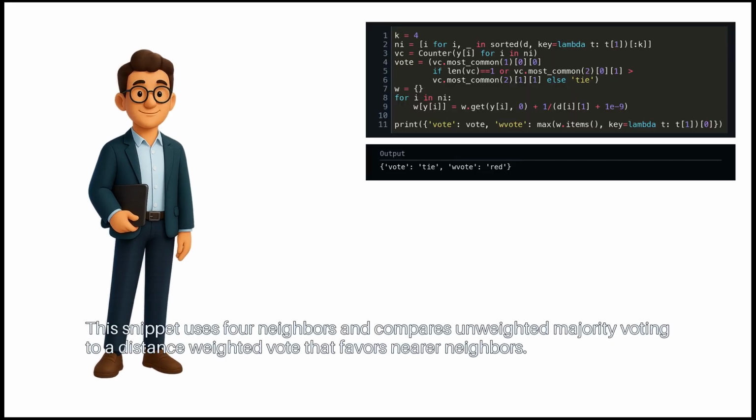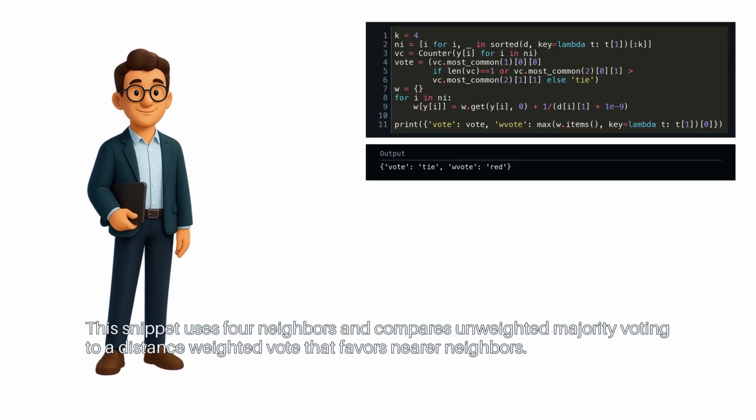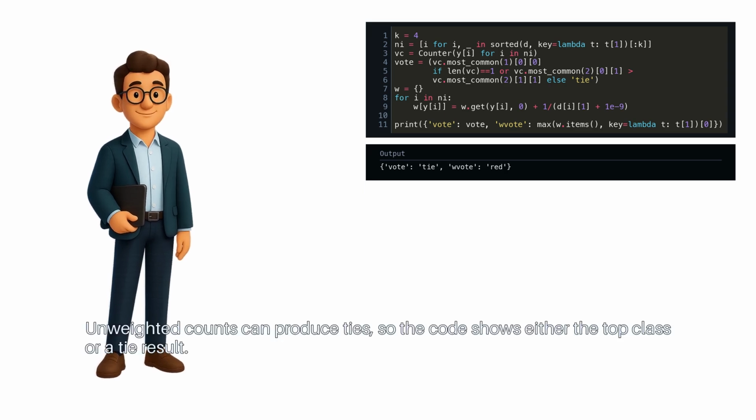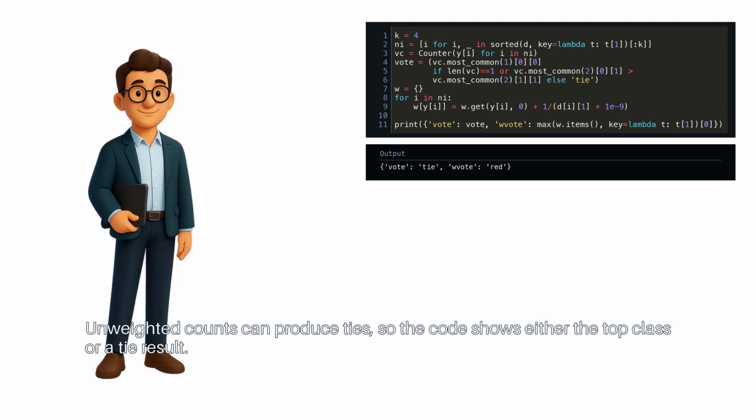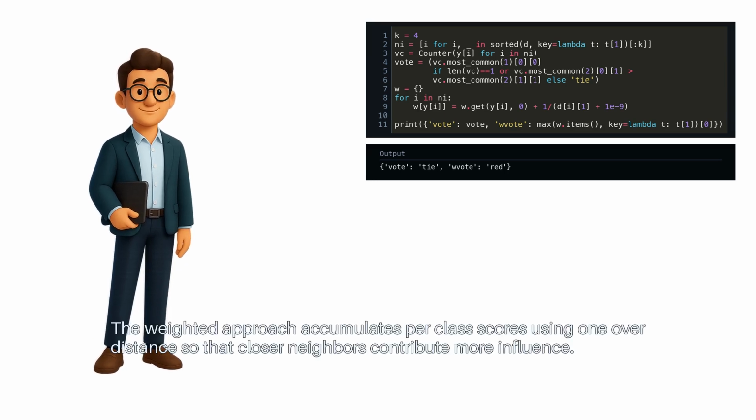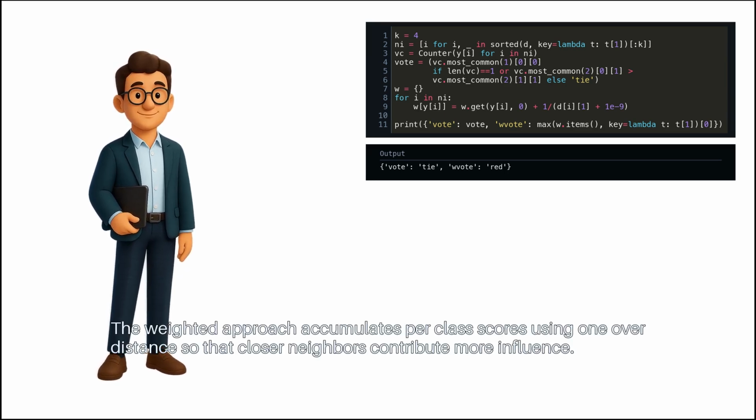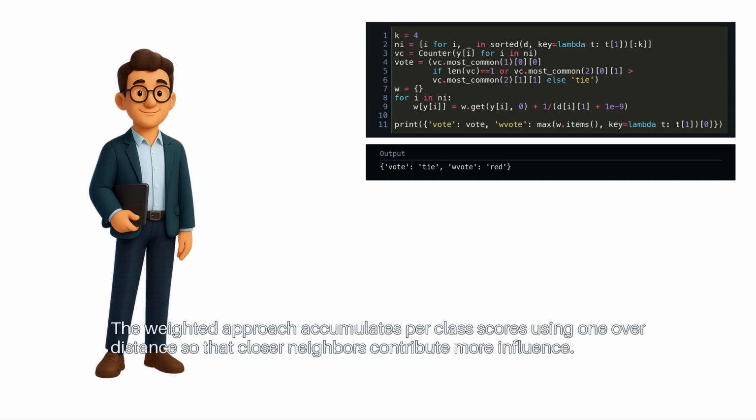This snippet uses 4 neighbors and compares unweighted majority voting to a distance-weighted vote that favors nearer neighbors. Unweighted counts can produce ties, so the code shows either the top class or a tie result. The weighted approach accumulates per-class scores using 1/distance so that closer neighbors contribute more influence.